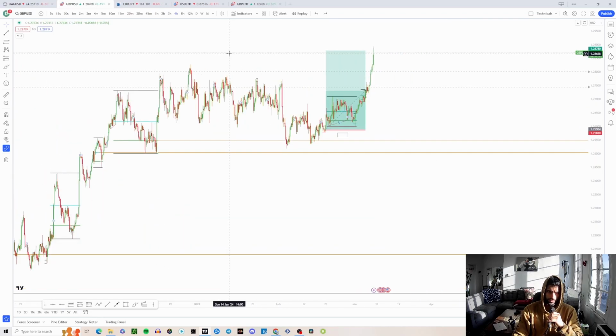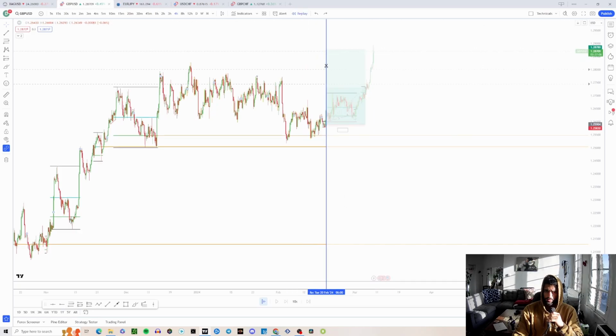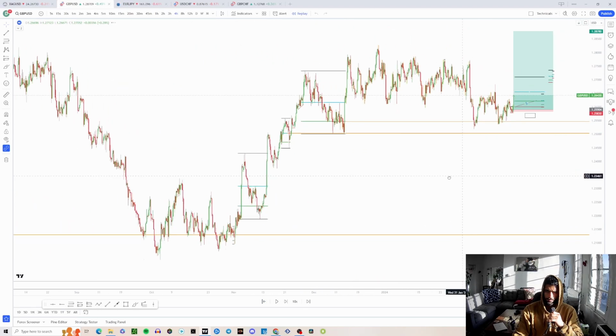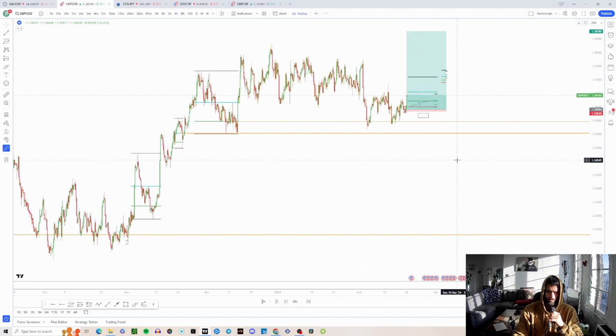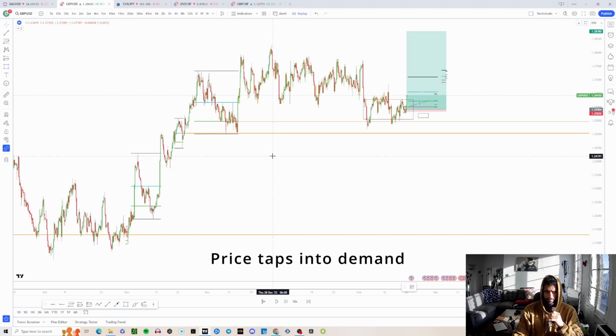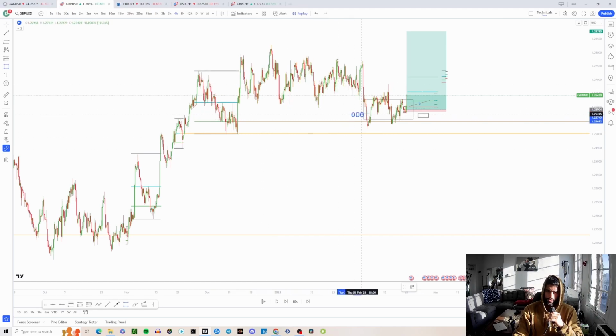So we're on an hourly, 4-hour time frame. Price is technically in equilibrium, discount right here in terms of this leg. This is the last major buy, sell to buy we see, i.e. demand. So price comes into demand, right?